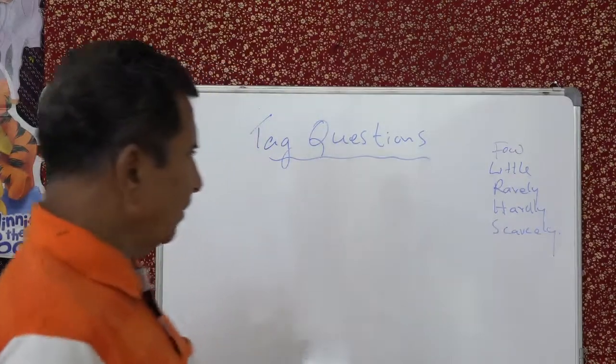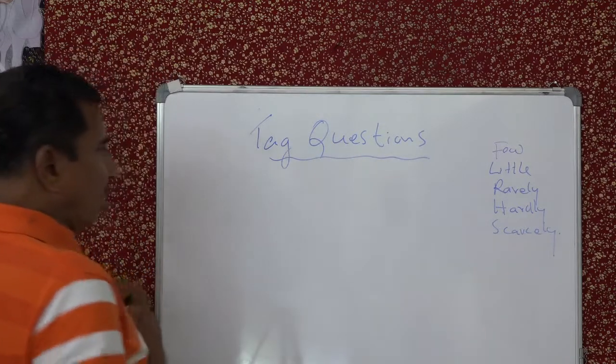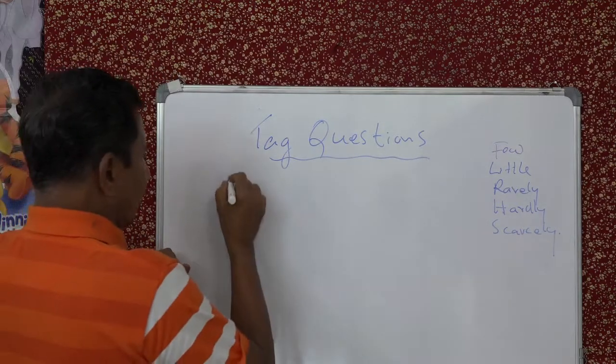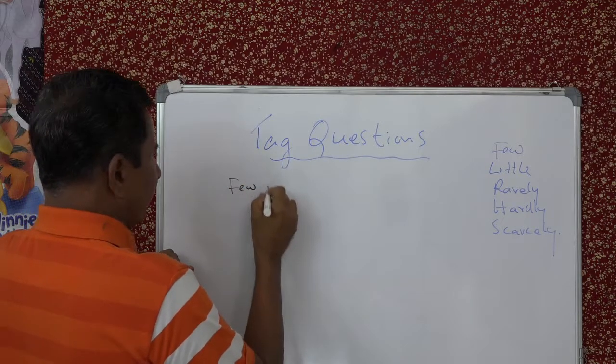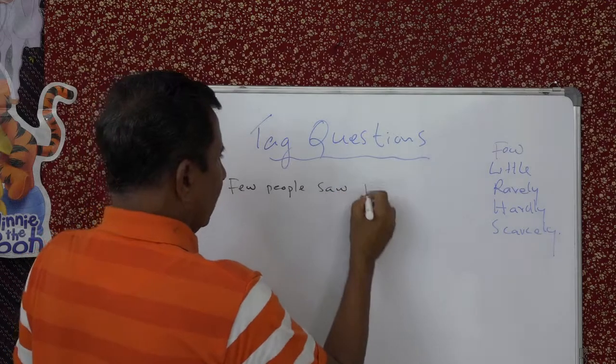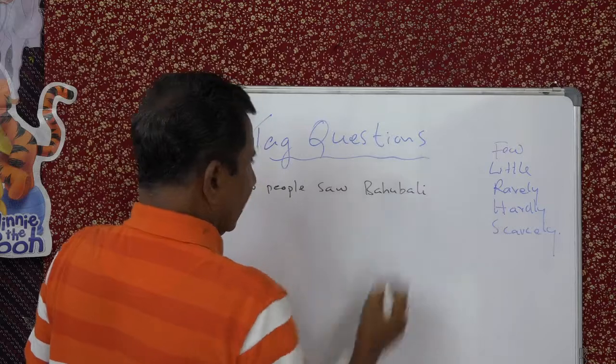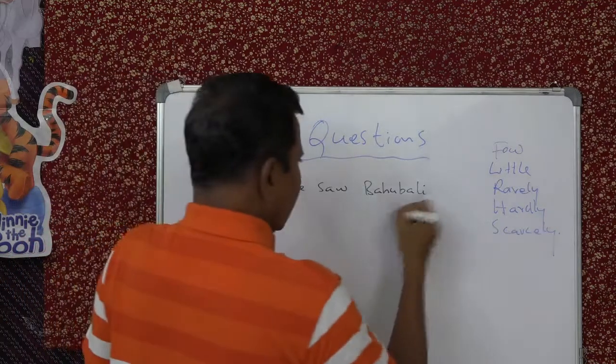We call them semi-negatives because the meaning is negative here. If you say, a few people saw Bahubali, that is an example. Then what will you say?